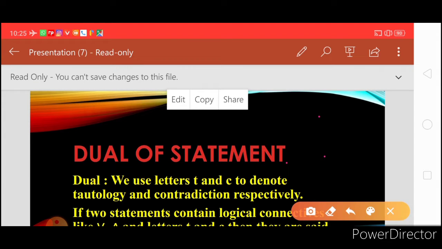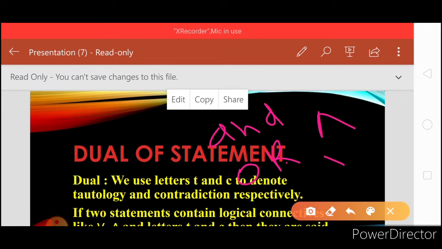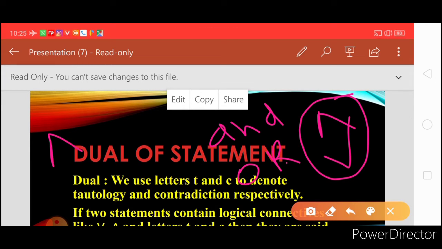So friends, we know for the word "and" we use the symbol conjunction, and for the word "or" we use the symbol disjunction. For the dual of a statement, we only change conjunction by disjunction and disjunction by conjunction.